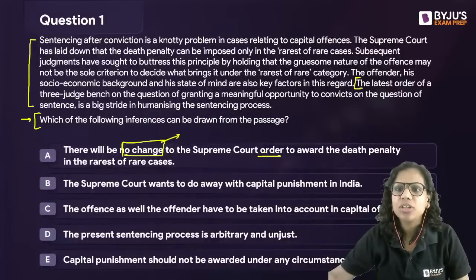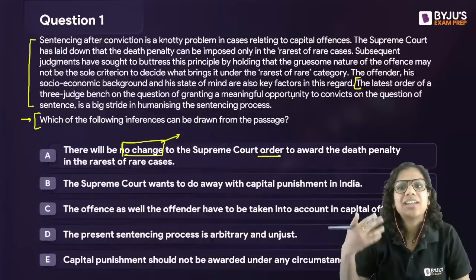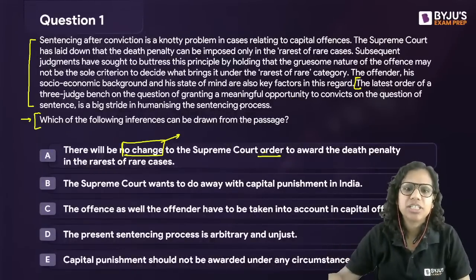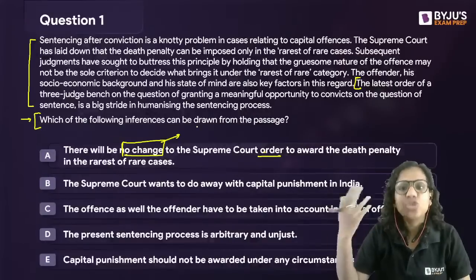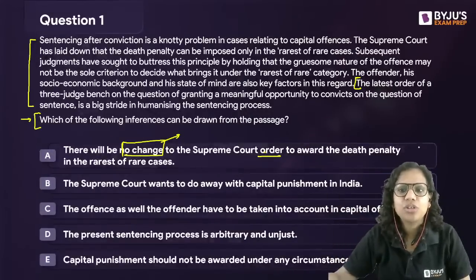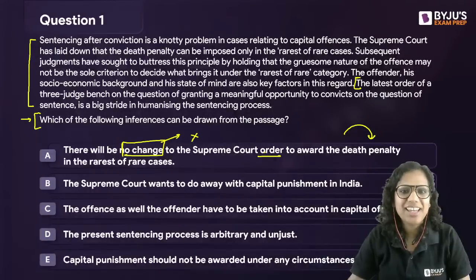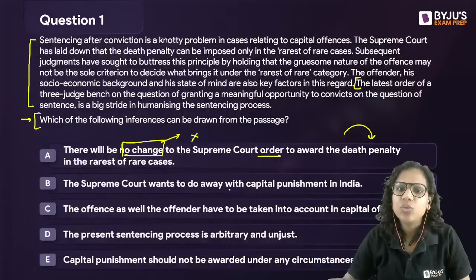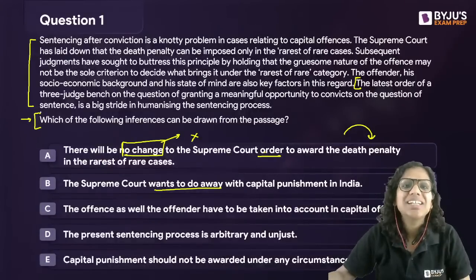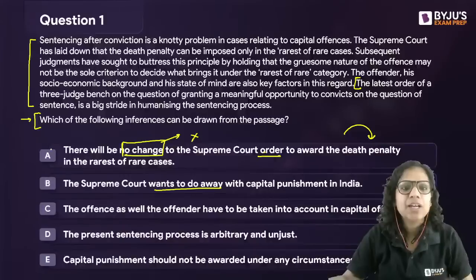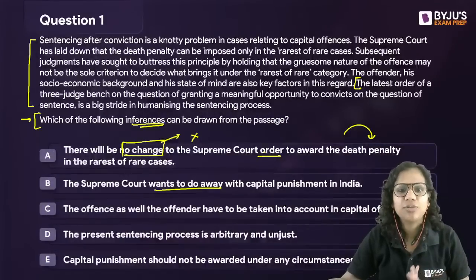We just talk about the latest order, how it grants a meaningful opportunity to convicts. We do not talk about any change in the Supreme Court order to award the death penalty. So this is out of scope. Then, the Supreme Court wants to do away with capital punishment in India. No such intention was revealed through my stimulus. So this is how you eliminate options in inference questions.